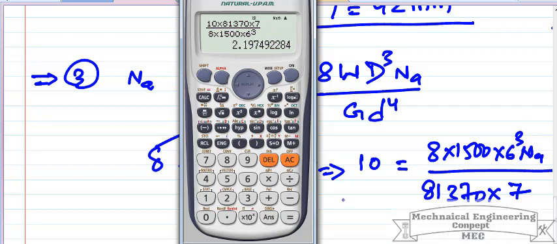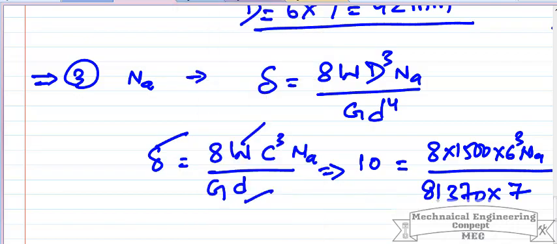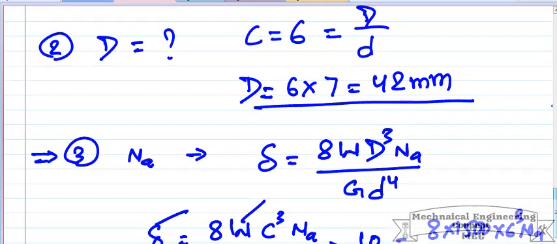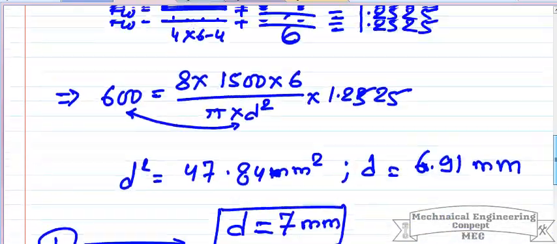Na will be... One mistake I have done, sorry. I think this value is wrong here.